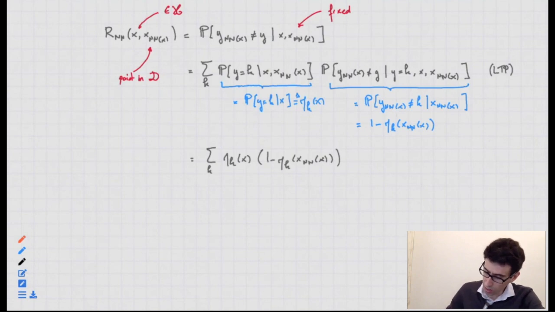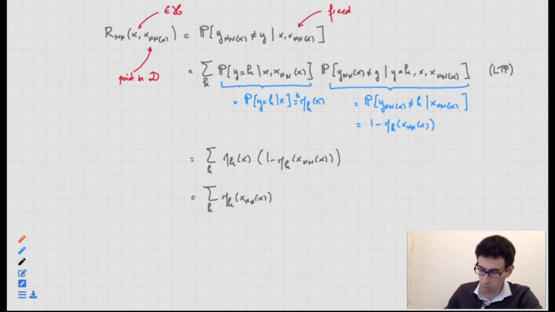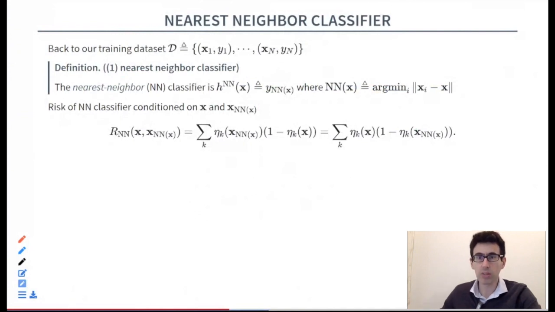And so if you redo that calculation, you should be able to convince yourself that what I would get is exactly the same result simply by changing the roles of x and its nearest neighbor. So that has to be equal to the sum over k of eta k of the nearest neighbor of x, times 1 minus eta k of x. And if I have not made any mistake here, it should be indeed what I set out to prove, and I believe that it is.